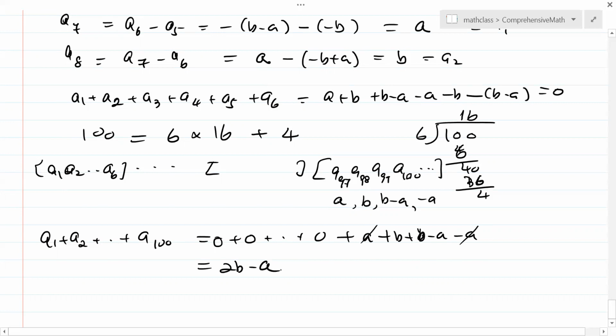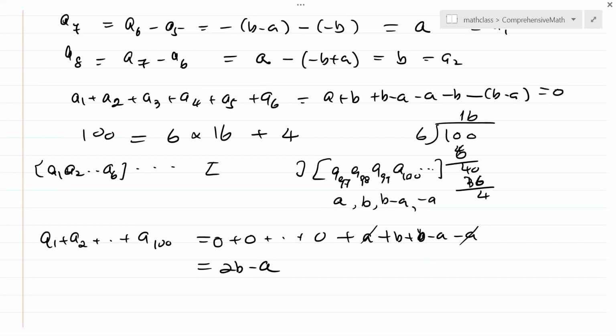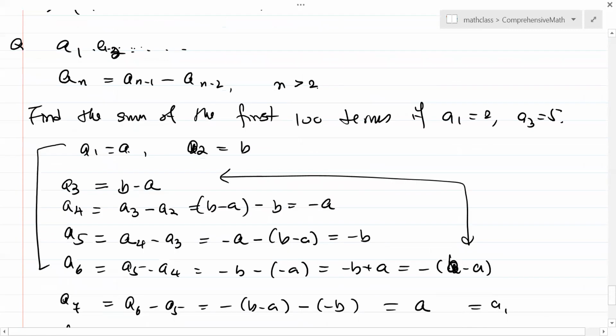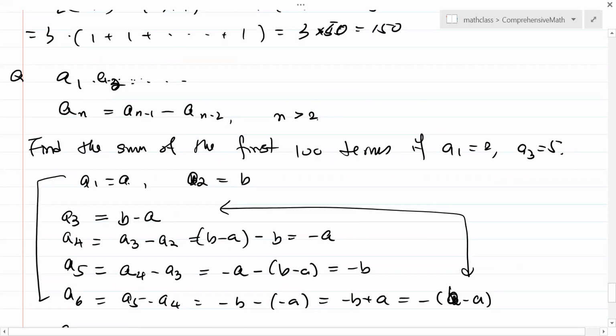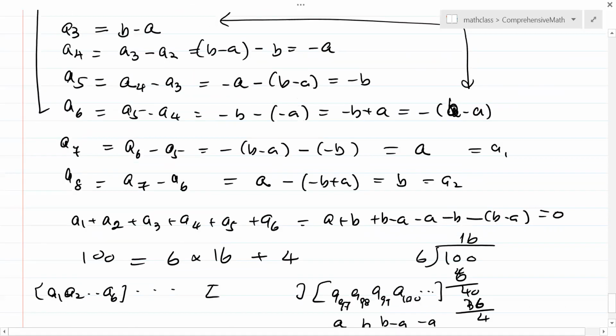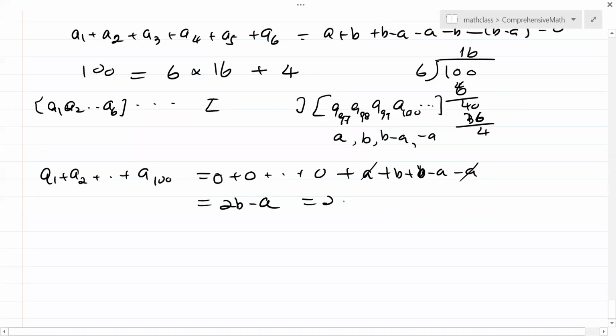If you are given the values for A and B, then you have the answer. If A is 2 and B is 5, it's going to be 8.